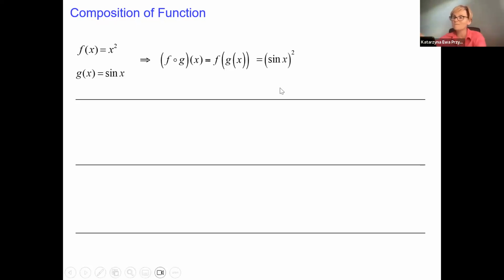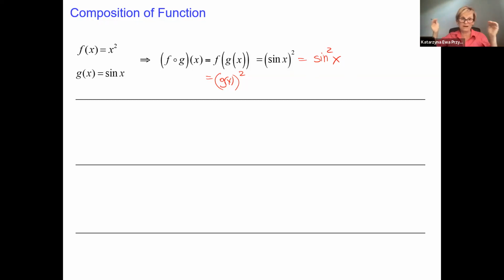It was x squared, but we put the new formula instead of x. That means this is the composition f compound with g, having f as x squared and g as sine of x. The proper notation for trigonometric functions is this one, but this is also equivalent. We can see it as sine square of x.